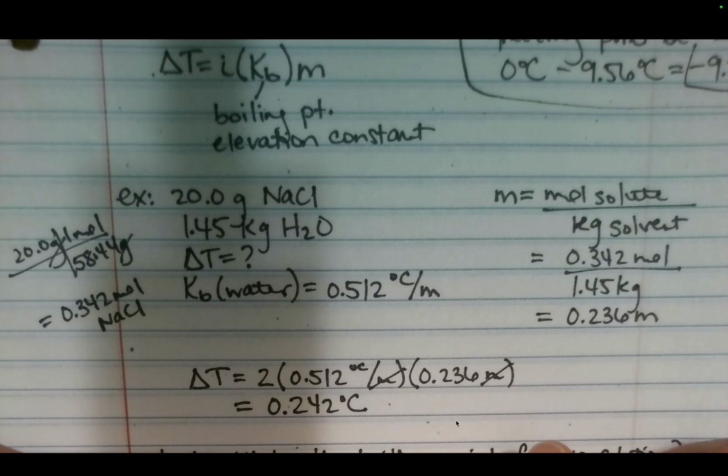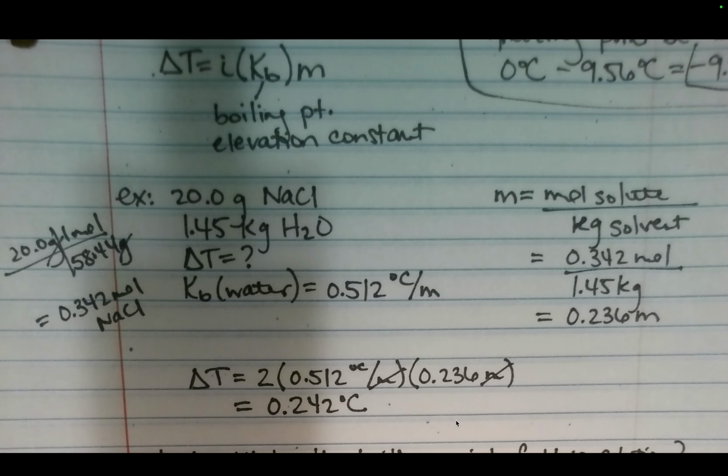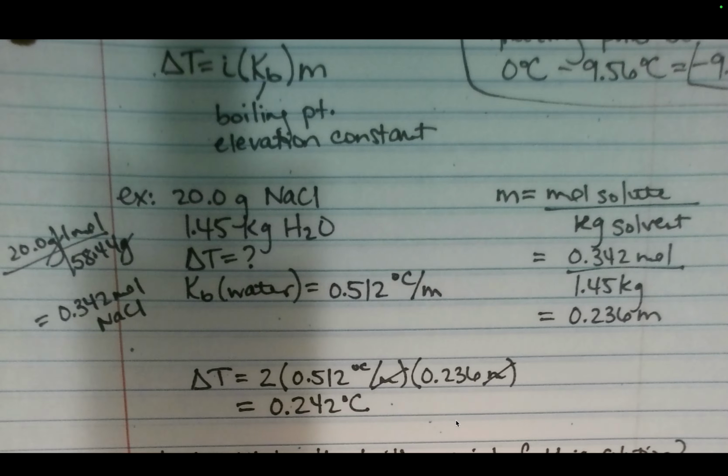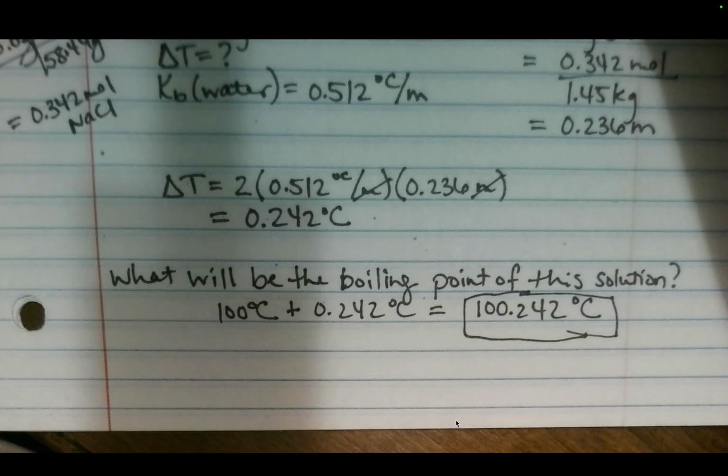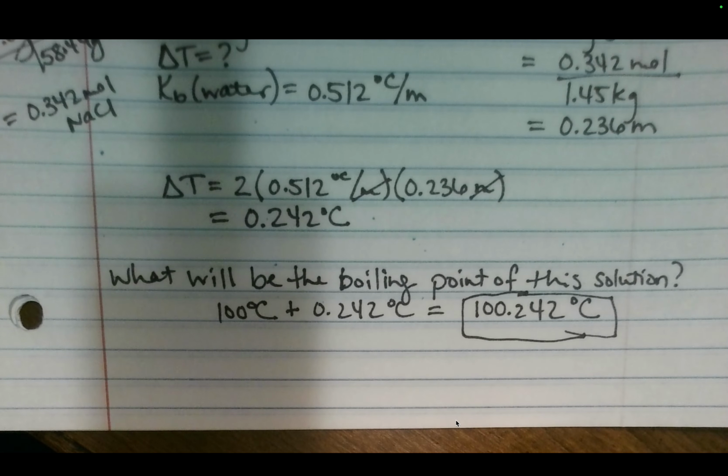And that would give you your answer, your new boiling point. This one's not such a drastic change. And I did it again. I didn't move the camera. So that's your new boiling point. Add what you get for your delta T to your current known boiling point, depending on your solvent, to get that answer. Let me know if you have any questions.